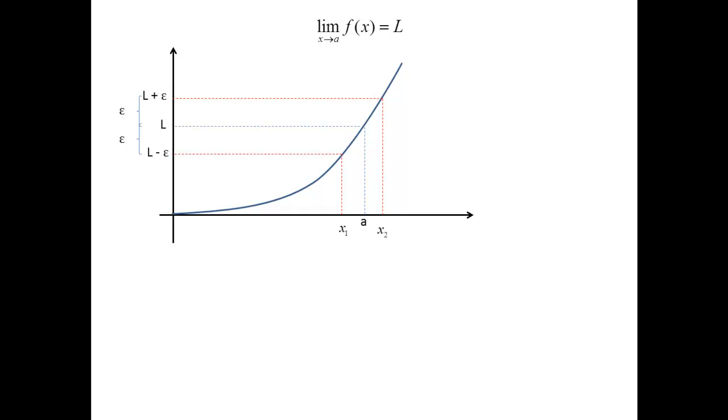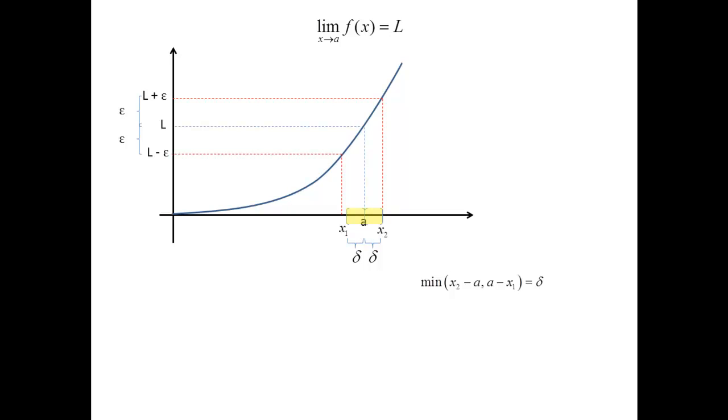And let's take the minimum of those two distances. Whatever the smaller of those two distances is, we'll call that delta, so that we create a delta neighborhood. So here you see we have a delta neighborhood.